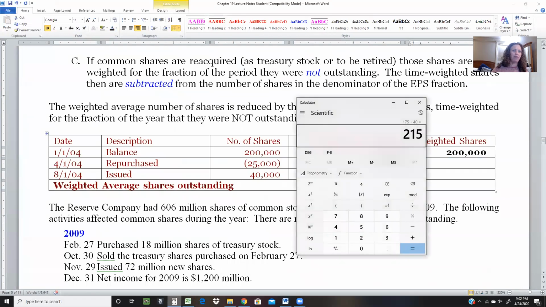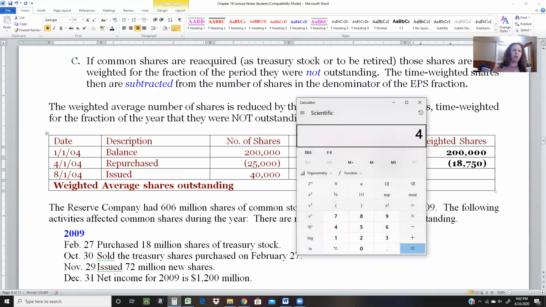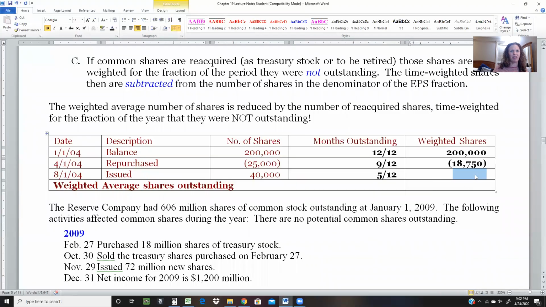If we take 25,000 times 9/12, it's 18,750, and that's a minus. And then there's 40,000 that comes in August, September, October, November, December, 5/12, so 40,000 times 5 divided by 12 is 16,667.